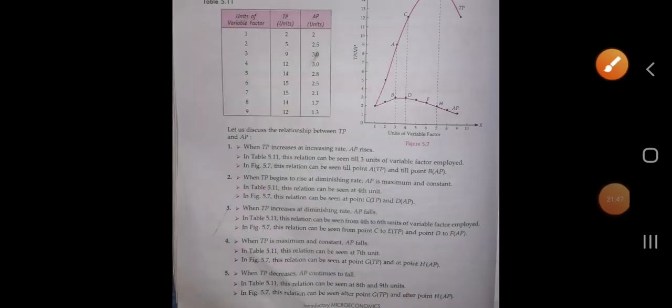Okay, so that is the relation between TP and AP. Once more we will study the relation between both of them. Don't be so confused.